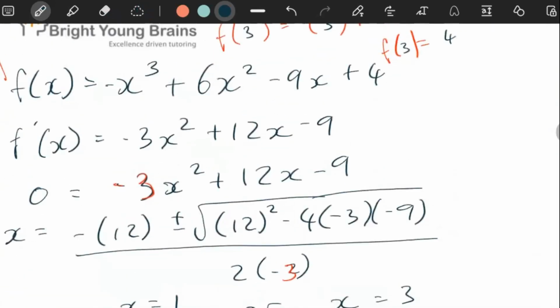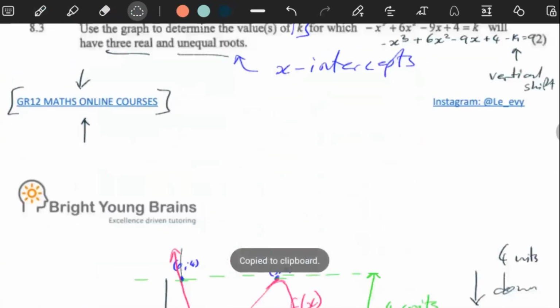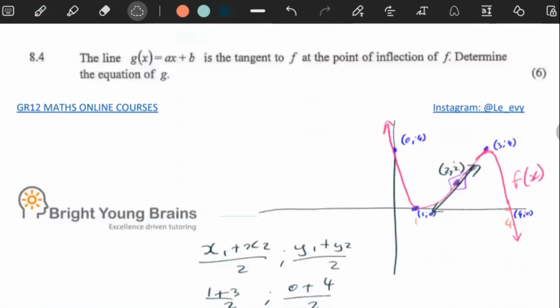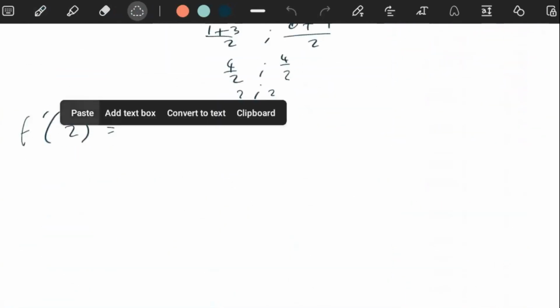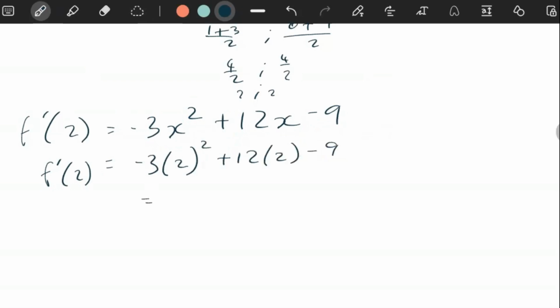Let me just get it here quickly. In this gradient equation, which is our first derivative, we just have to throw in our x value as 2. You see, so we have here 2, -3, and 2, here, -9. So let's see what the answer is.